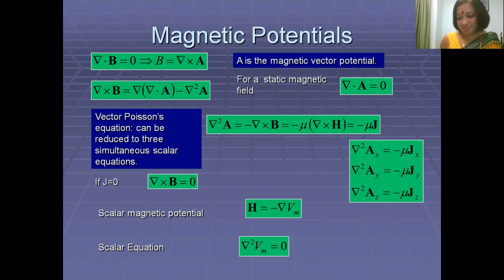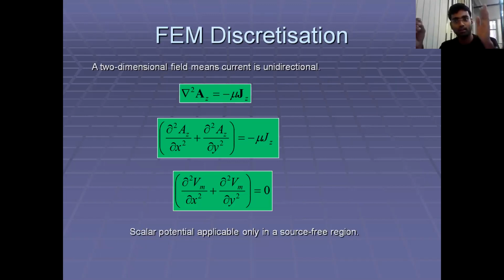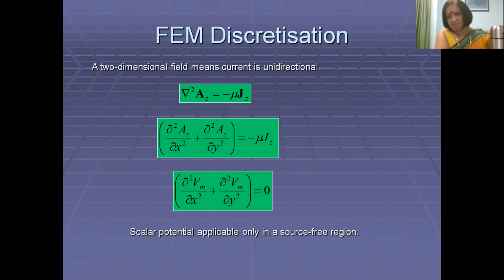Ma'am, suppose the condition is given for current. What is given? Current is given. Ma'am, suppose we have a conductor and the total current entering from the surface is given.